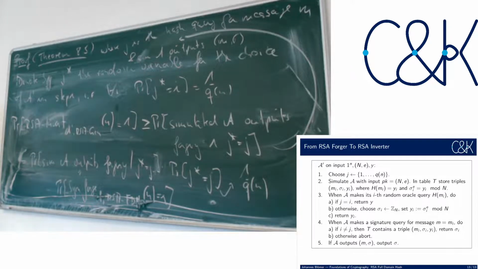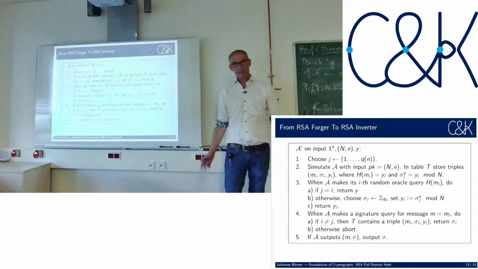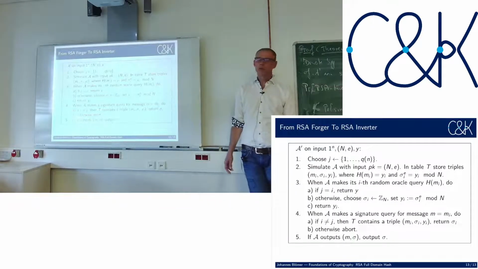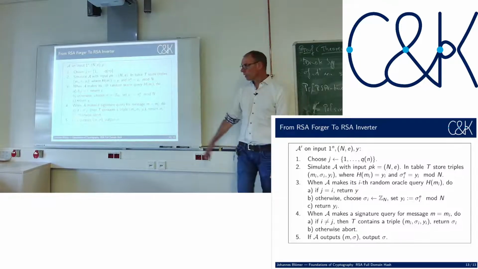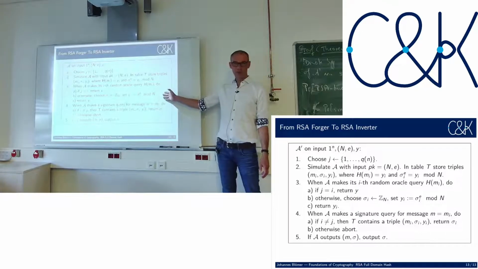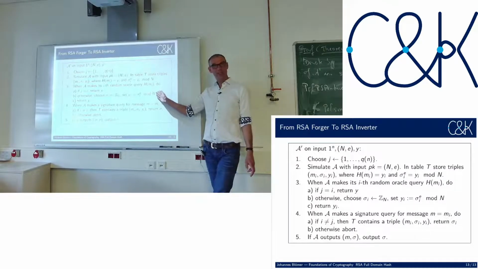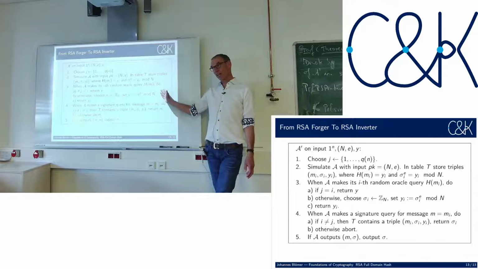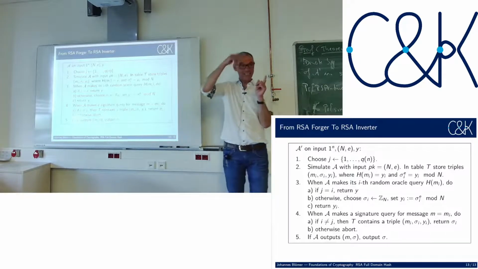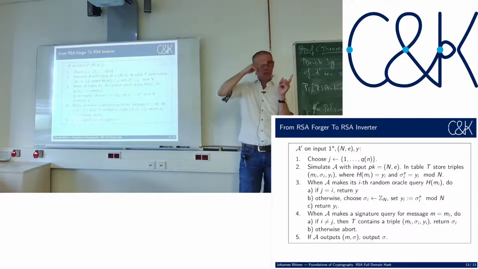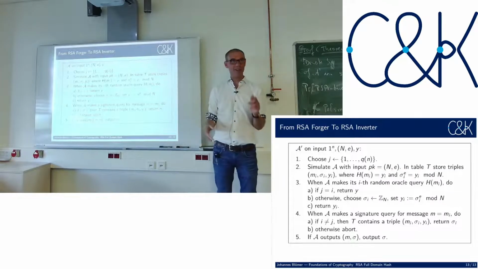So what we did here is a general technique that's used in almost any proof using the random oracle: we program the random oracle. We program it in such a way that the answers are computed correctly, in the sense of having the right distribution, but we do know something about them.